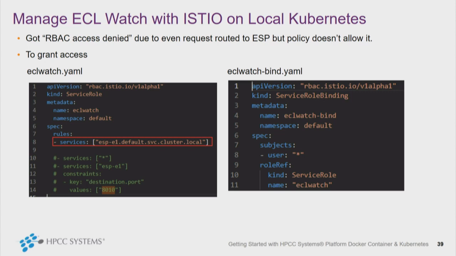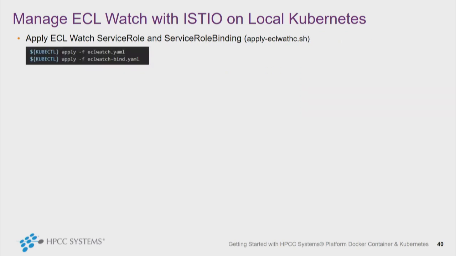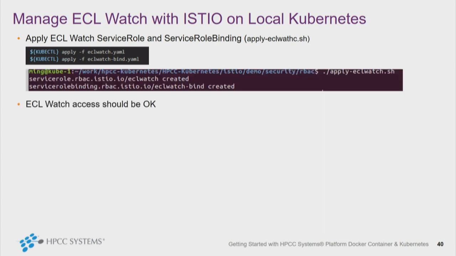Basically, you say the ESP will be the system, the vendor can access the ESP, and the second file will say who can access. We currently set it to anybody, but you can set a particular IP, a particular host name, or even a service group you define. So you apply these two files through the same kubectl apply, and then you try again.